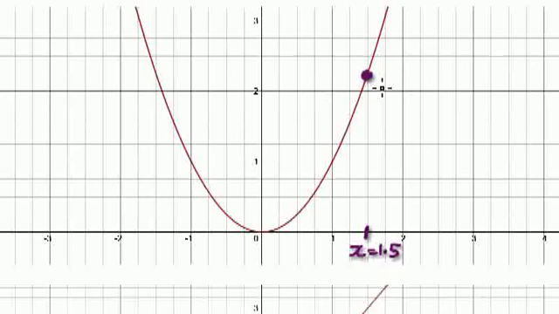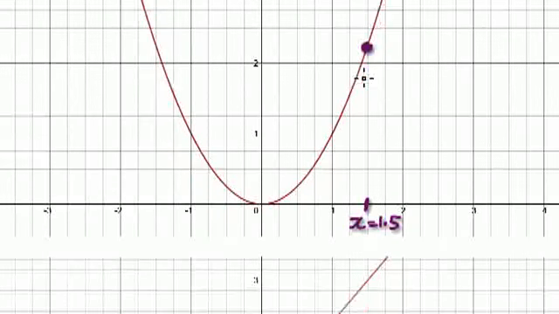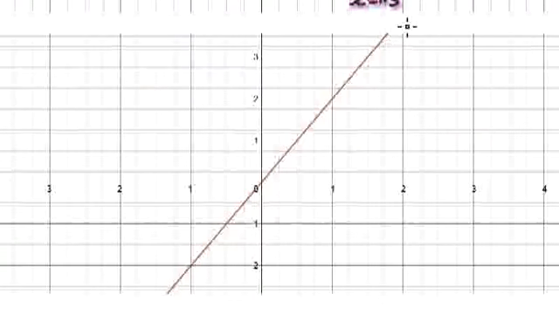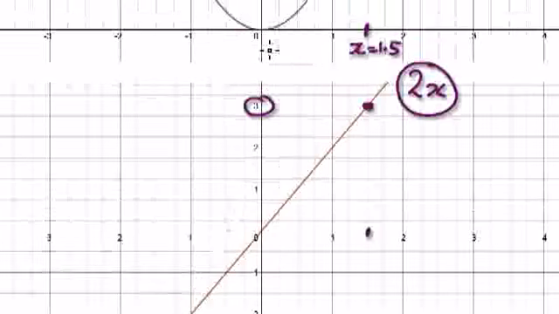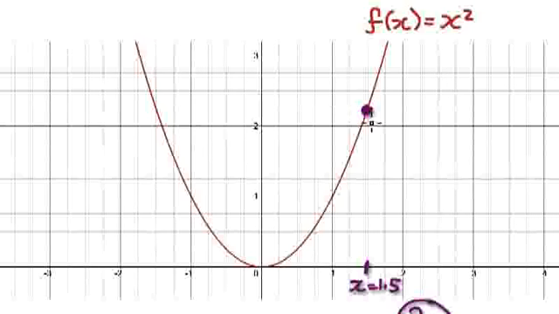We just worked out that the gradient is 2x. So at 1.5, the gradient will be positive 3. So going back here, the gradient at this point is positive 3.